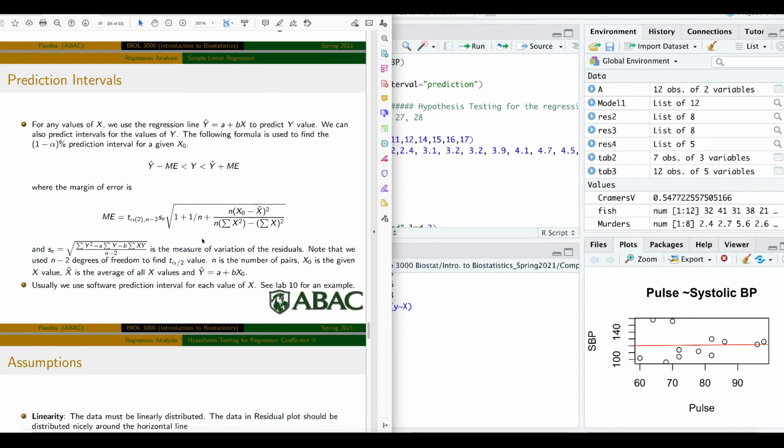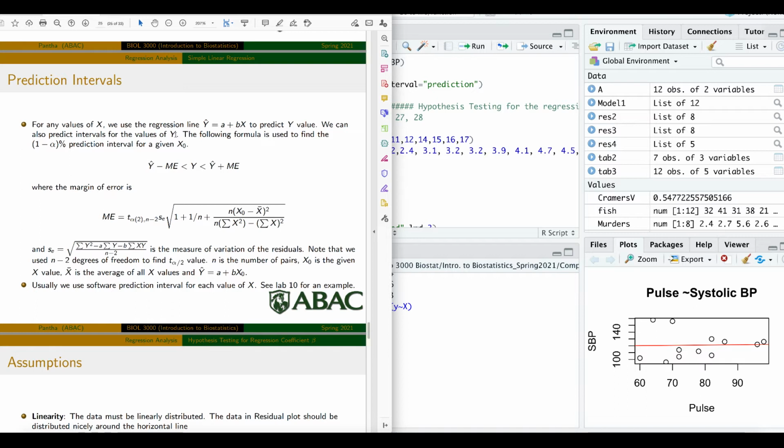So for any values of x, we use the regression line y hat equals a plus bx to predict y values. We can also predict the intervals for each of the predicted y values. One of the y values will be given by the data, but you find the prediction line, or you say the best fit line or the regression line, using the x and y data.